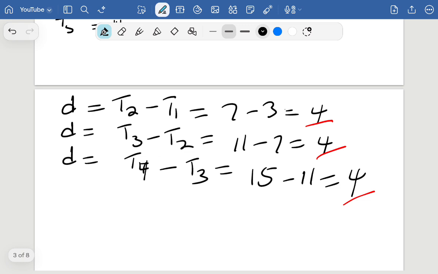As I've said, you ought to know the following formula: Tn is equal to a plus (n minus 1) d.